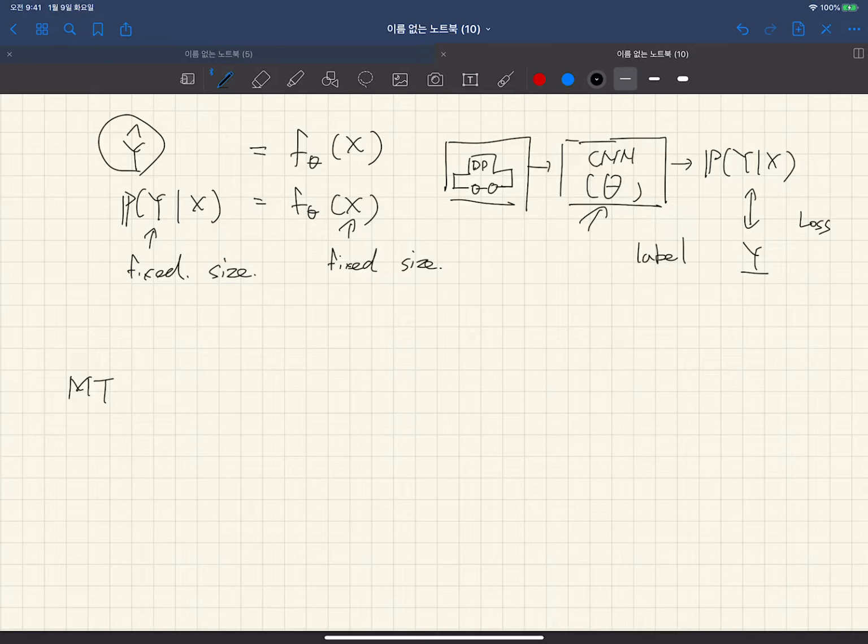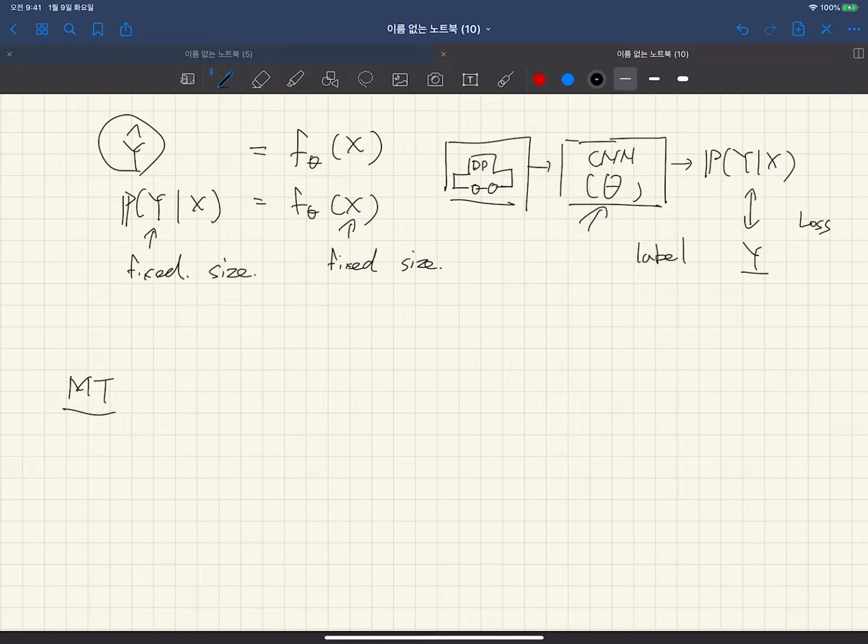You cannot define a fixed size of input, you cannot define a fixed size of output. So this is one reason why we have to study another concept of neural network.